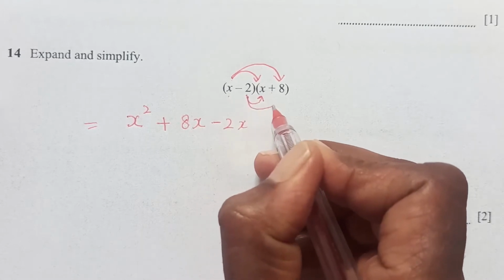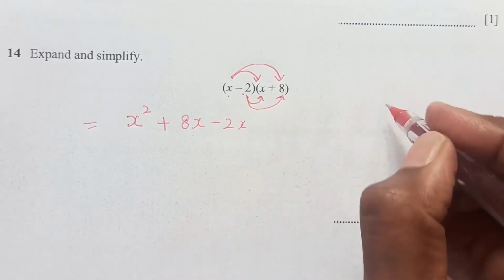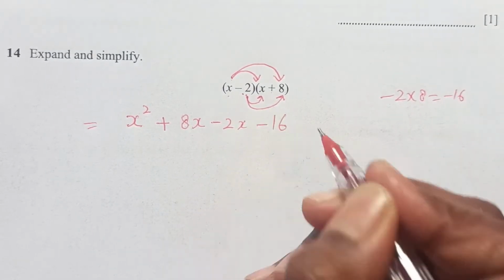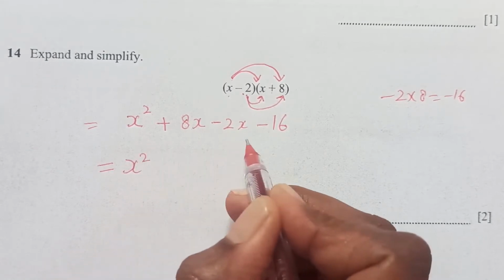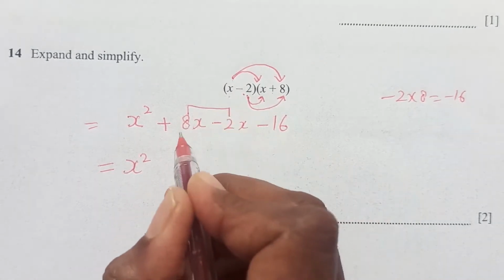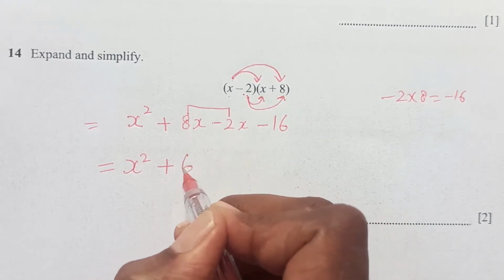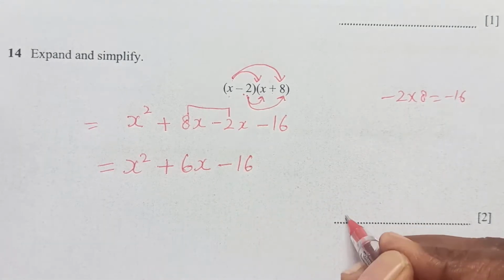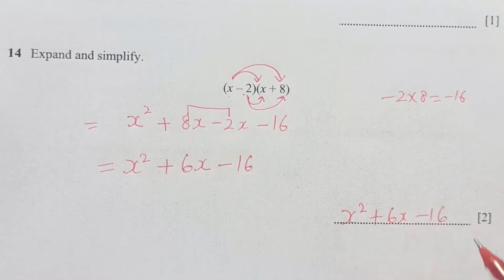Then negative 2 will be multiplied to 8, so negative 2 times 8 is negative 16. So now we will combine the like terms. X squared, there is no other term of x squared. So 8x minus 2x is 6x. The 16 will remain as it is. So that is the final answer for this question, 6x minus 16.